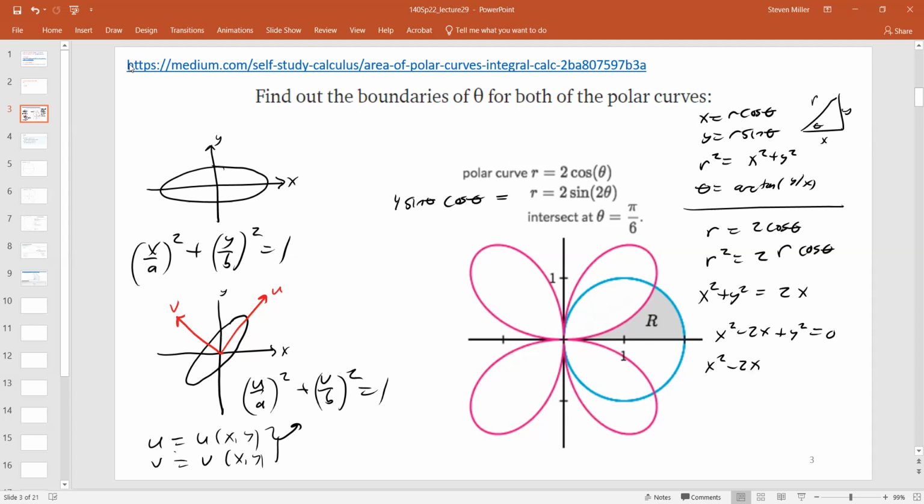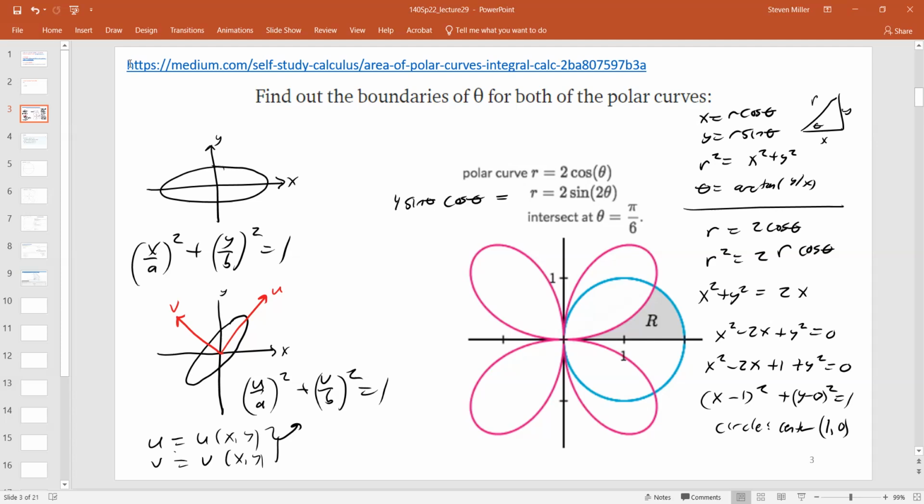Complete the square: x squared minus 2x plus 1 plus y squared equals 1. That's (x minus 1) squared plus (y minus 0) squared equals 1. This is a circle, center (1, 0). And that's the blue curve. So r equals 2 cosine theta is just a nice way of writing the equation of the circle.